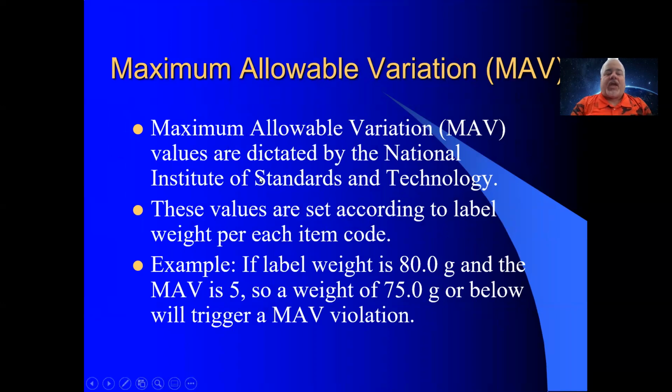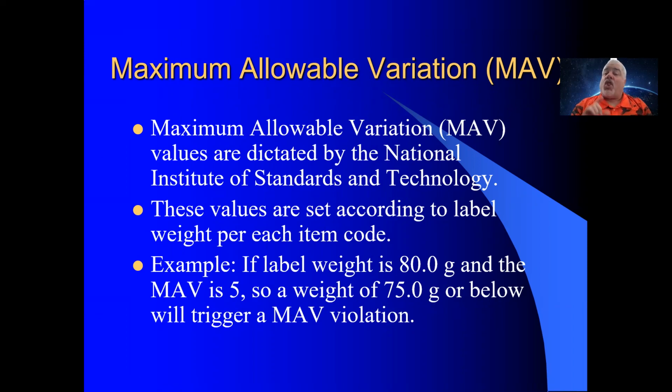Maximum allowable variation values are dictated by the National Institute of Standards and Technology. These values are set according to label weight per each item code. An example: if the label weight is 80 grams and the MAV is 5, a weight of 75 grams or below will trigger a MAV violation.